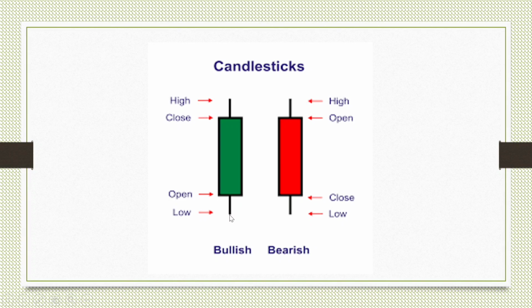Then the bulls, the buyers, were like, are we going to sit here and let the bears conquer us? They were like, no, we can't sit and let this happen. They gained momentum and pushed price from this point back to the opening price, and from the opening price they still pushed price up.